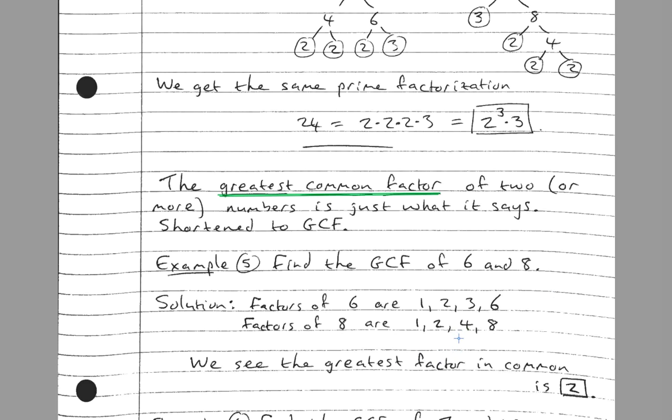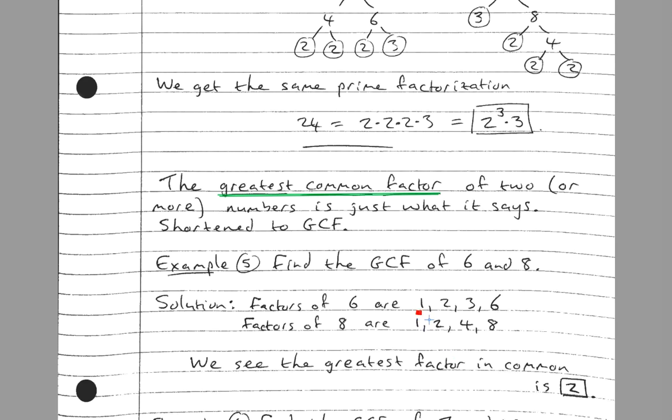For example, 3 is not a factor of 8. If you divide 8 by 3, the answer is 2, remainder 2, so 3 does not fit into 8 evenly. But these do divide in evenly.